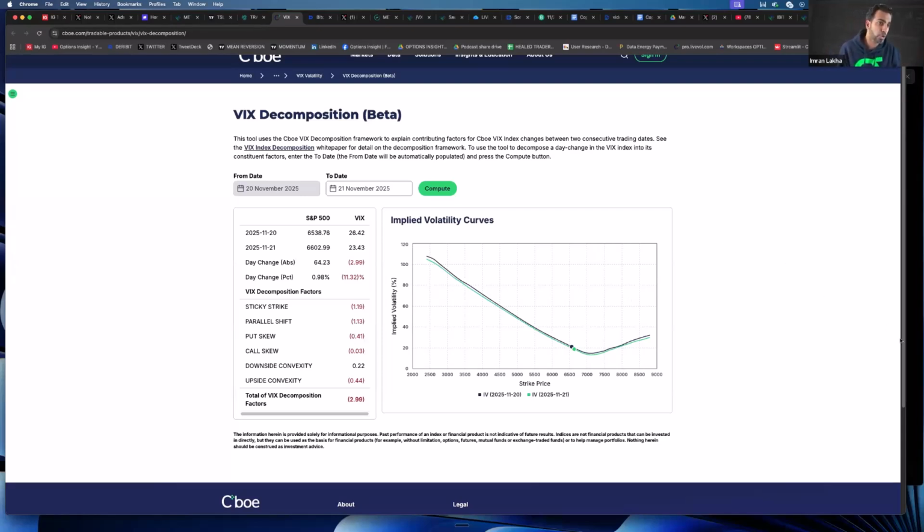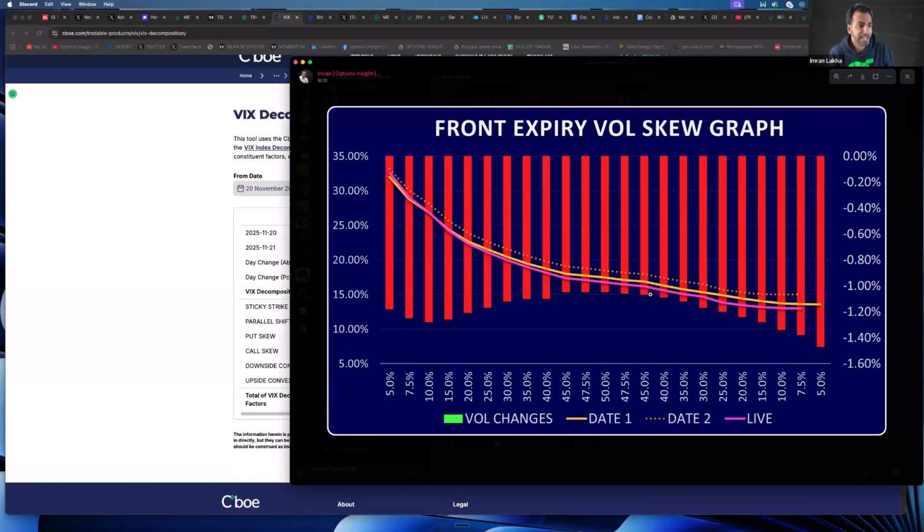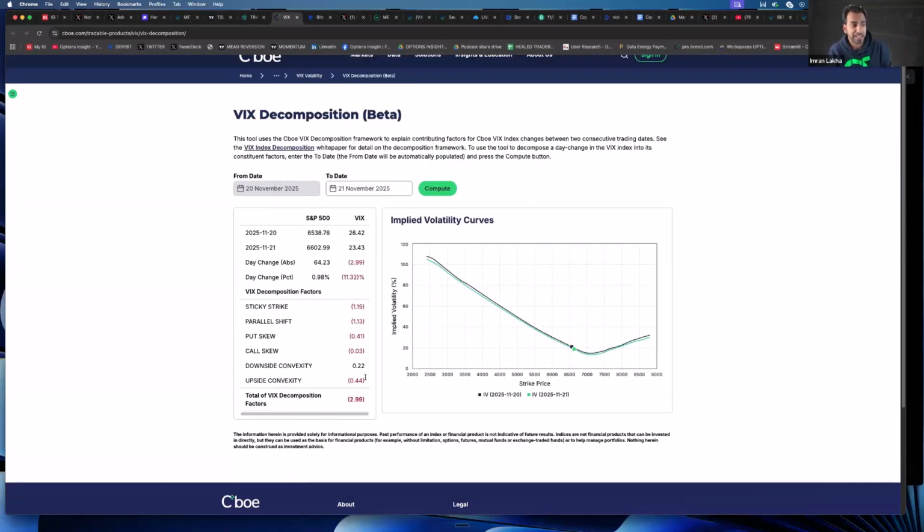Okay. Then on the call skew side, it's saying call skew is actually unchanged. Whereas here, based on the difference between at the monies and my 25 deltas, I'm seeing that down as well. However, like I say, I don't know exactly what the white paper is doing here, but on upside convexity, it's crushed it by 0.44.